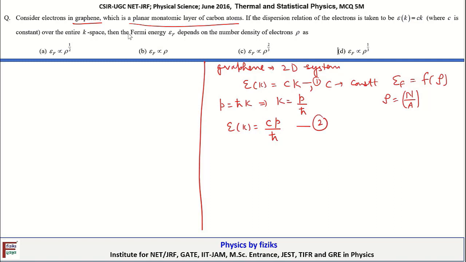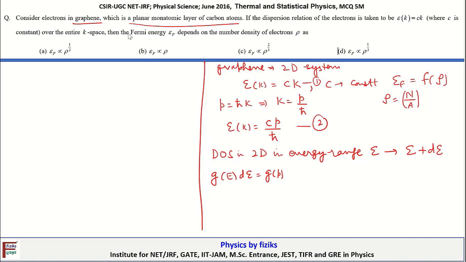Now, the density of states in two dimensions, this expression you have to remember. The density of states in two dimensions in the energy range from E to E plus dE is given by G(E) dE, and that is equal to G(P) dP.